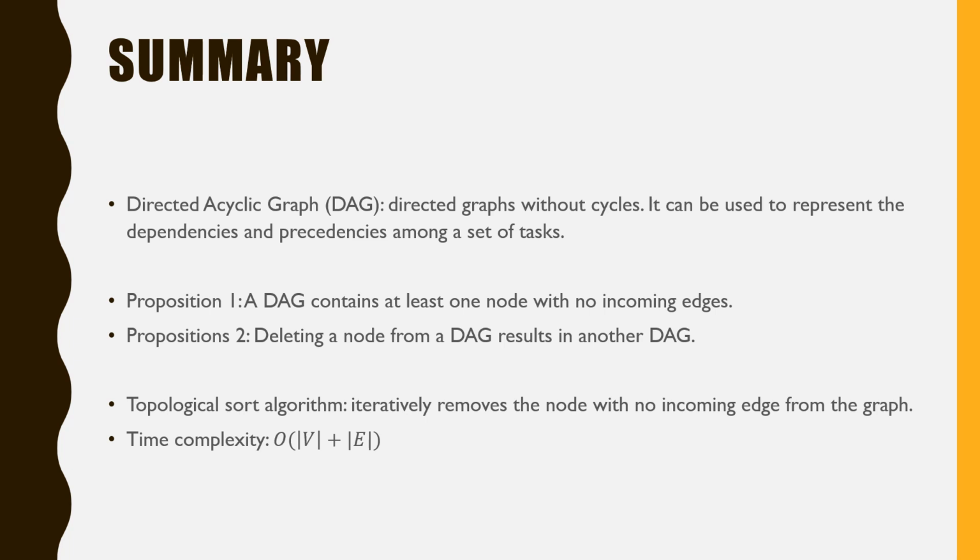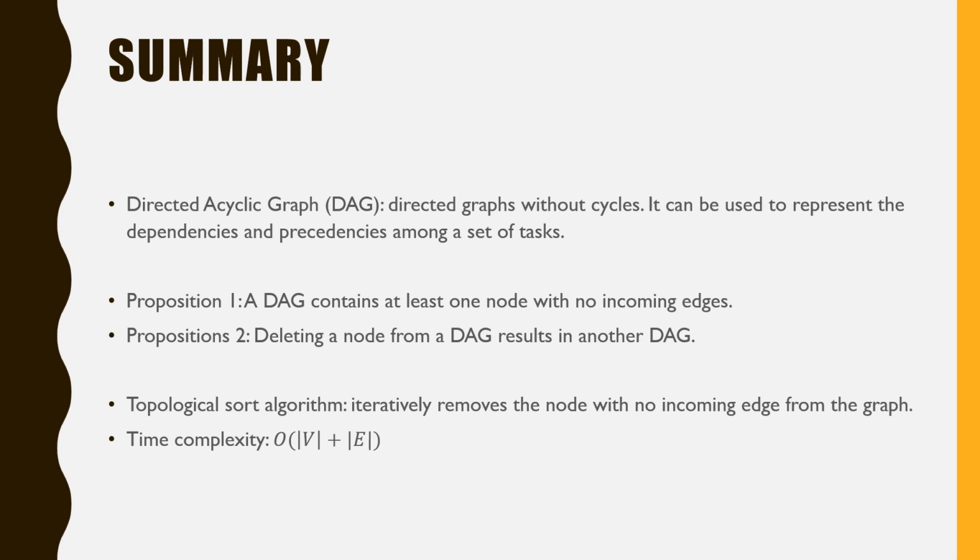To derive the topological sort algorithm, we proved two important propositions. First, every DAG contains at least one node with no incoming edges. Second, removing a node from a DAG results in another DAG.